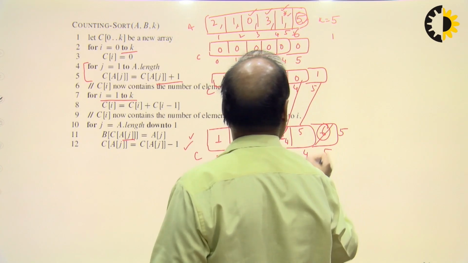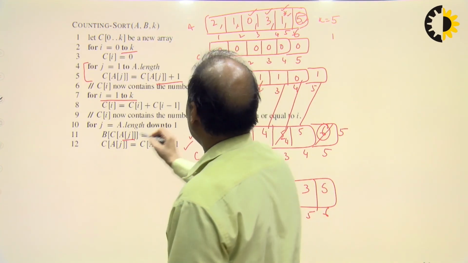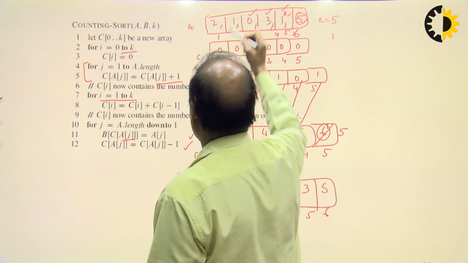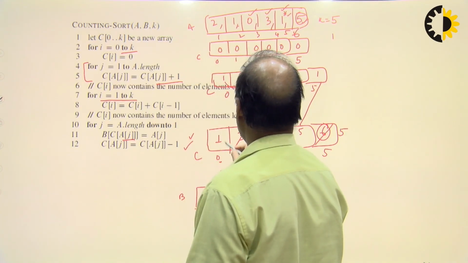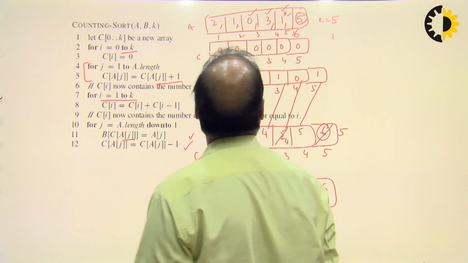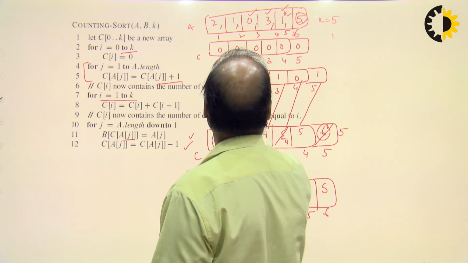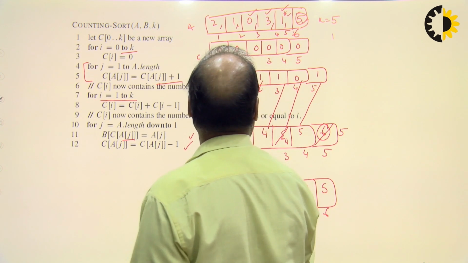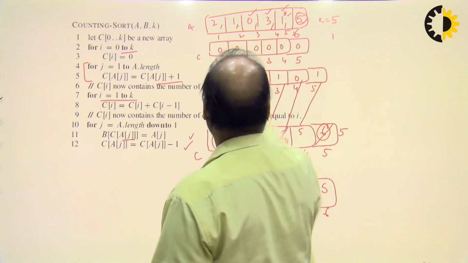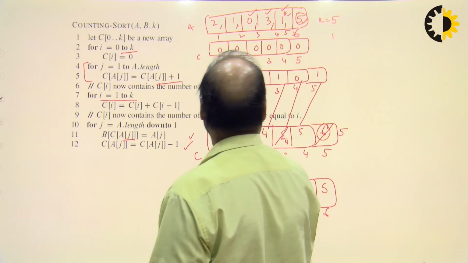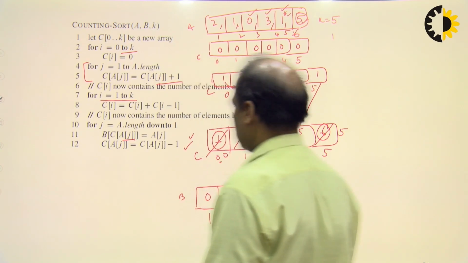Okay, go to A3, which is 0. Go to C0. C0 is 1. So now B1 is going to be this value. B1 is going to be 0, and replace it by 0. Clear?